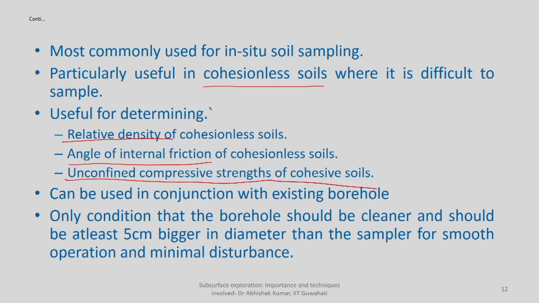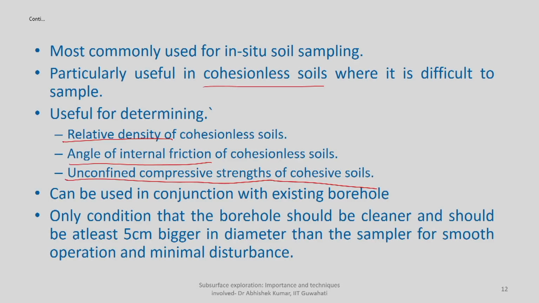So for cohesionless soil you can determine the angle of internal friction and relative density, and for cohesive soil the unconfined compressive strength. It can be used in conjunction, as I have been telling from time to time, when we go for boring and sampling; it is simultaneous, one after the other. If your designer and field engineer recommend collecting a sample at maybe 1.5 or 2 meter intervals, you need not go for continuous sampling.